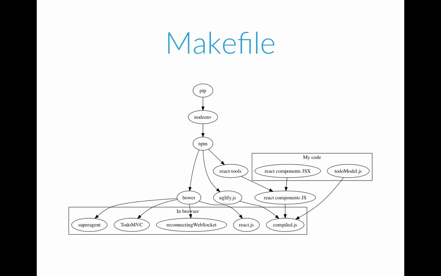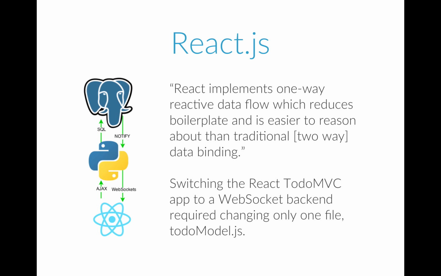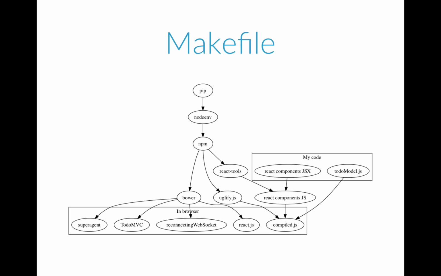Thankfully, this is dependencies at build time rather than at runtime, so at runtime we still get that simple stack with just those three layers. But the reason this is complicated at build time is because we're spanning two different ecosystems. We've got Python that is using pip, and we've got Node, which is using npm. We use a Makefile to span that gap.